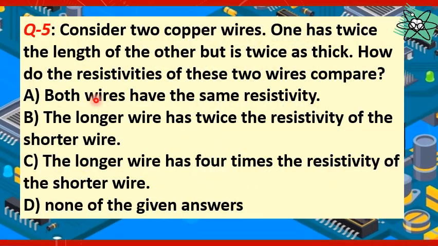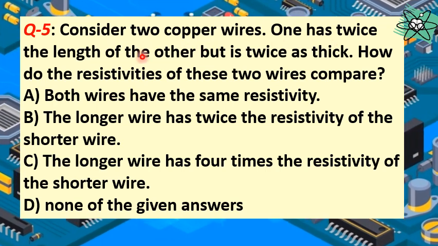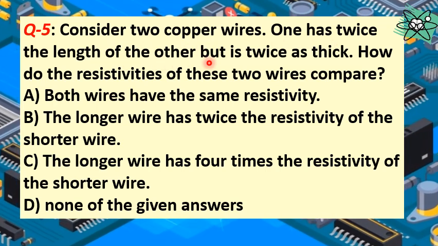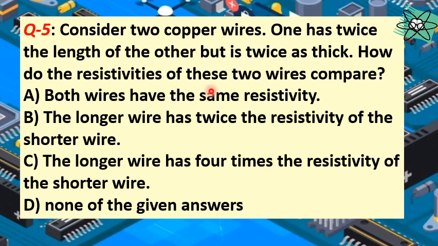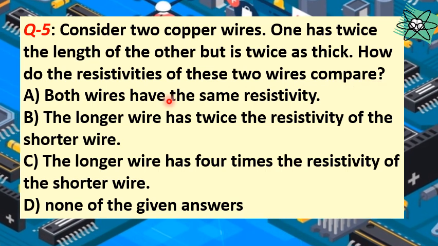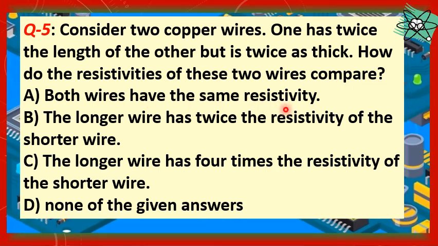Question number 5. Consider two copper wires. One has twice the length of the other, but is twice as thick. How do the resistivities of these two wires compare? Option letter A. Both wires have the same resistivity.